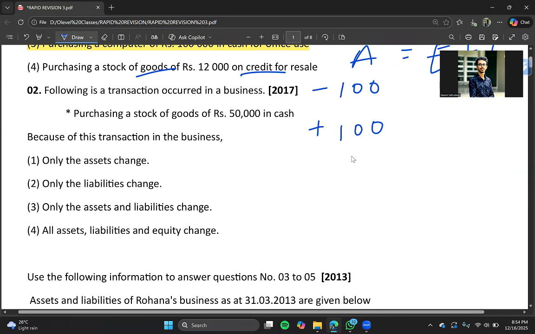The next one, number 2: the following is a transaction occurred in a business in 2017, purchasing a stock of goods for rupees 50,000 in cash. Because of this, what happens?